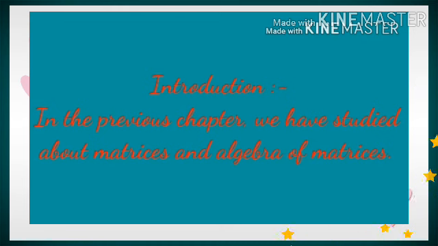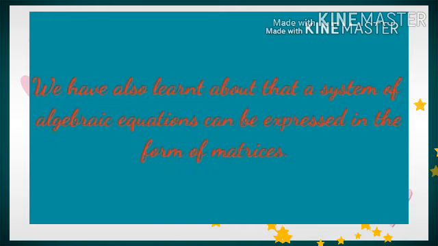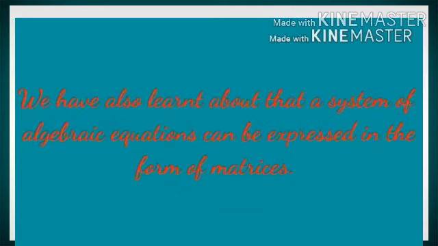Introduction. In the previous chapter, we have studied matrices and the algebra of matrices. We have also learnt that a system of algebraic equations can be expressed in the form of matrices.